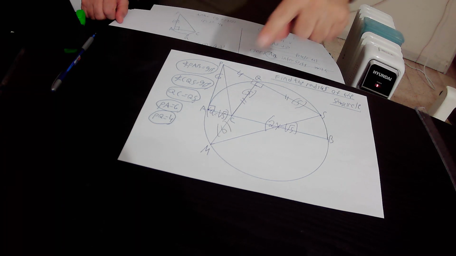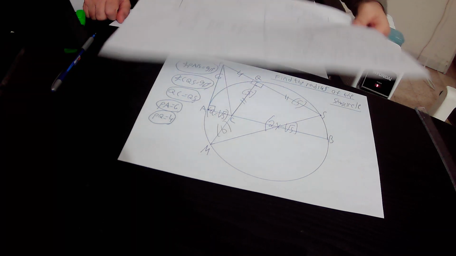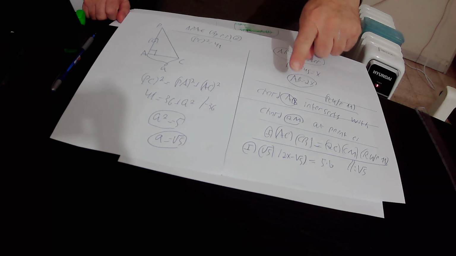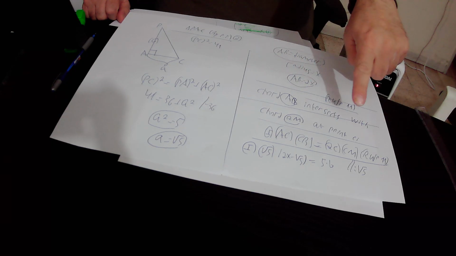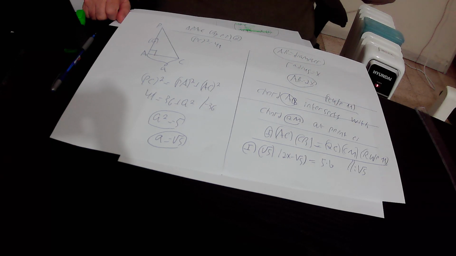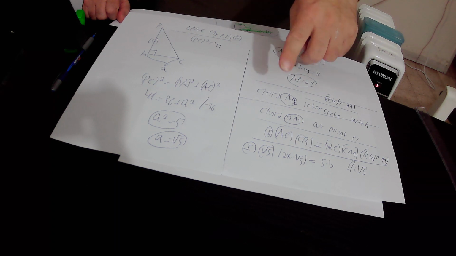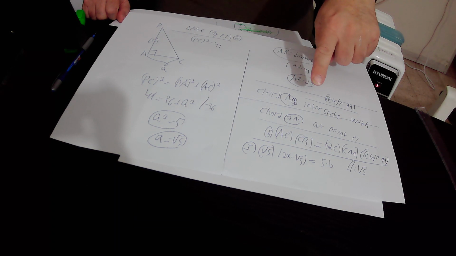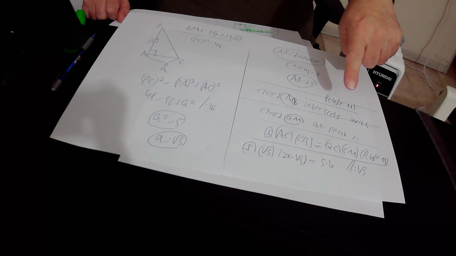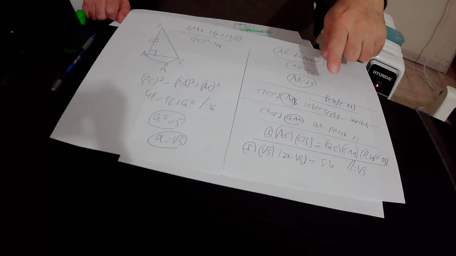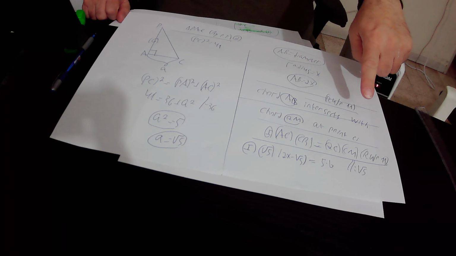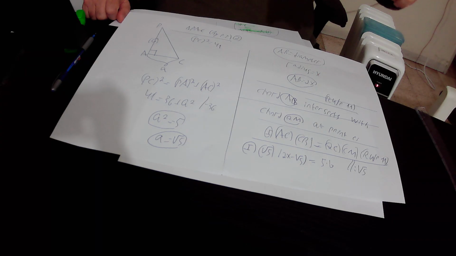Here we define CM as b. Again, according to rule number 11, AC times CB equals QC times CM. AC is a, and a is the square root of 5. CB is 2x minus the square root of 5. QC is 5 and CM equals b according to our definition.